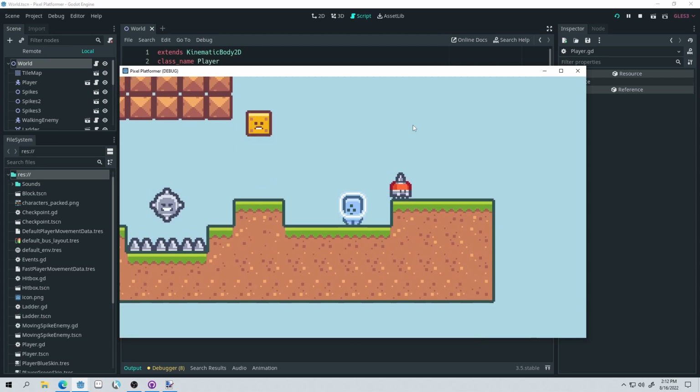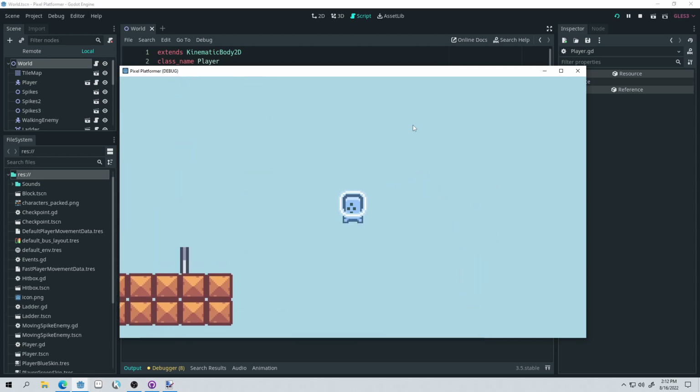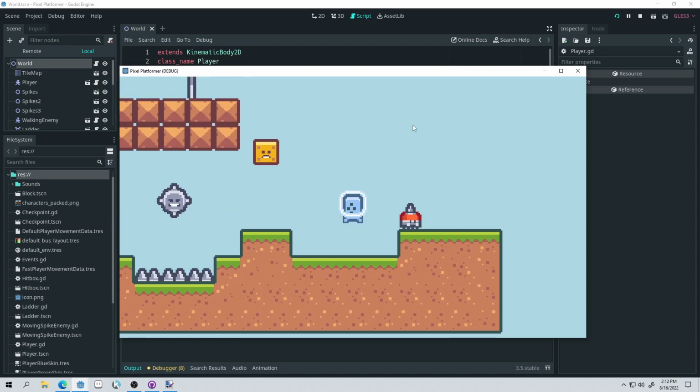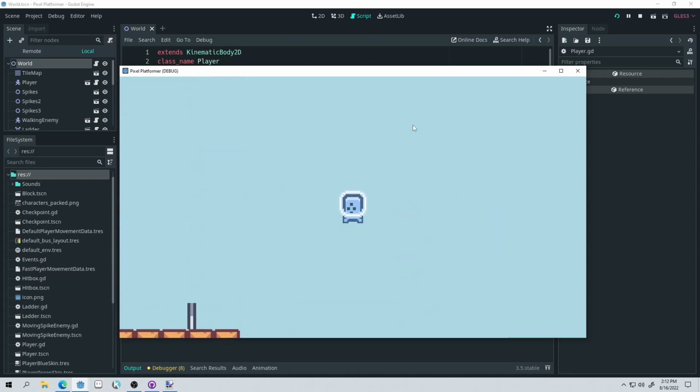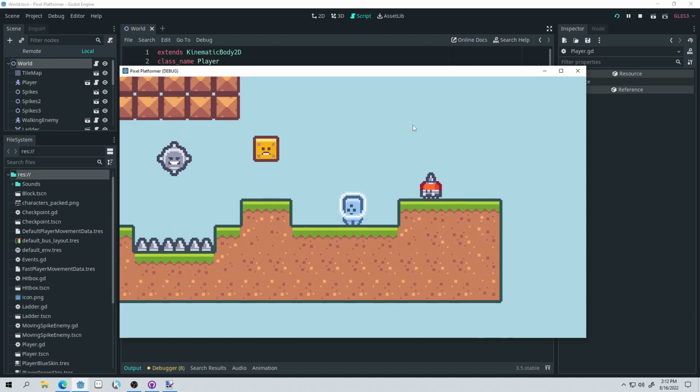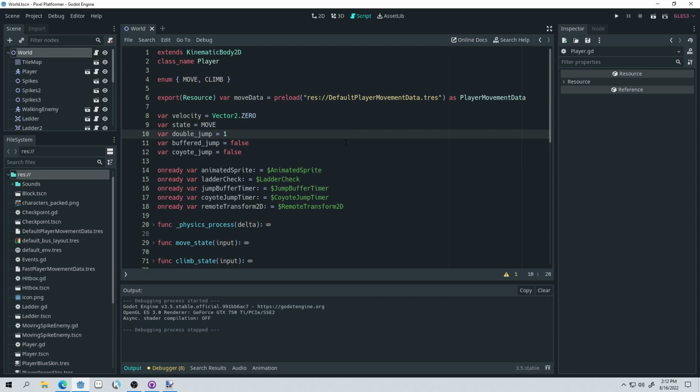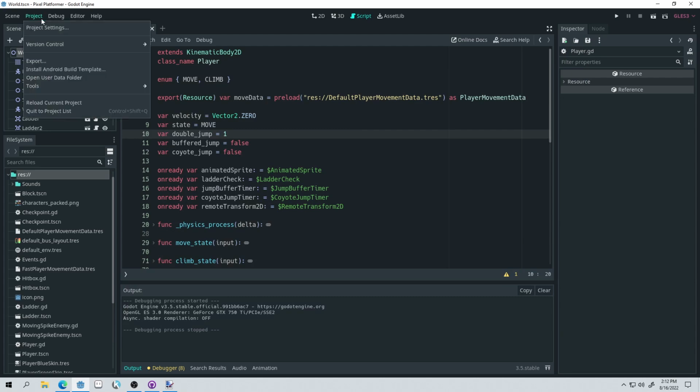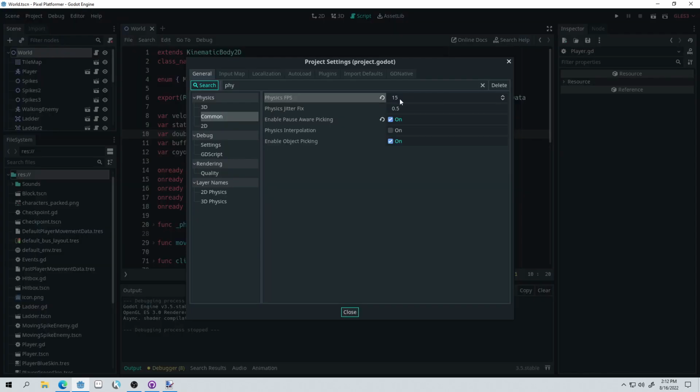And this is because, for example, our gravity is being applied every single frame. And because we've altered the frame rate, now our gravity is affecting us less, because in real time, it has less time to apply gravity. That wasn't the best explanation, but we'll get into a better explanation right now.